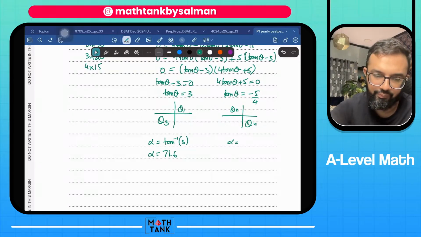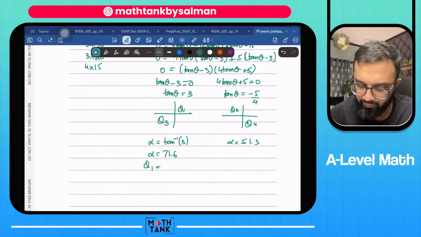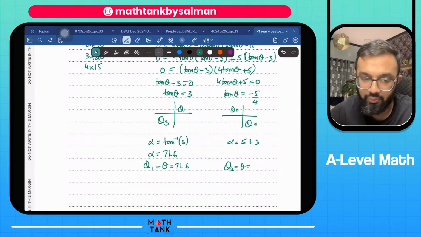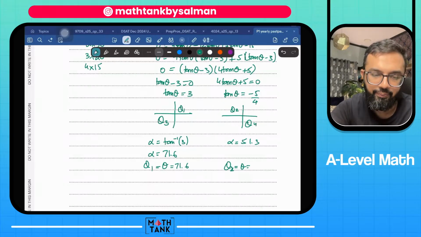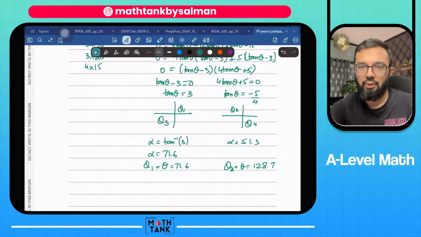And tan inverse of 5 over 4 is 51.3. So quadrant 1, theta equals 71.6. Quadrant 2, theta equals 180 minus this, so 128.7. Okay, those are the correct answers.